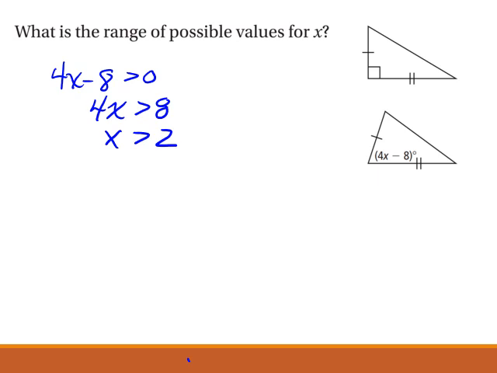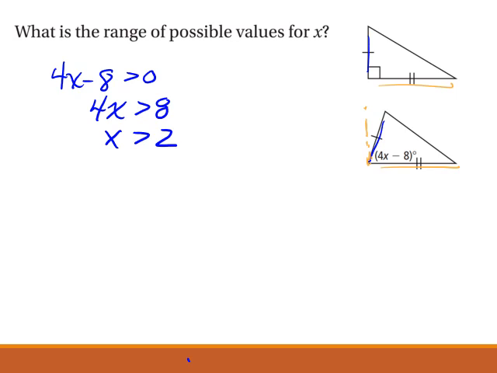Then I know that these sides are congruent, this side and this side, and this side and this side. If I was to draw a perpendicular here, this angle is definitely smaller than 90 degrees.